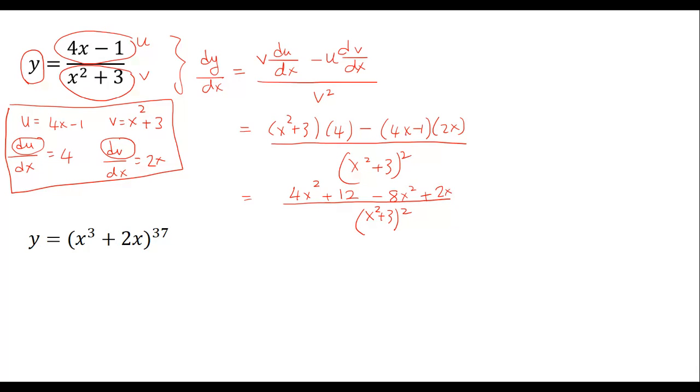Then I just simplify all the values that I have. So actually this is what I have: 4 minus 4x square, and then plus 2x plus 12. Do not forget your denominator.